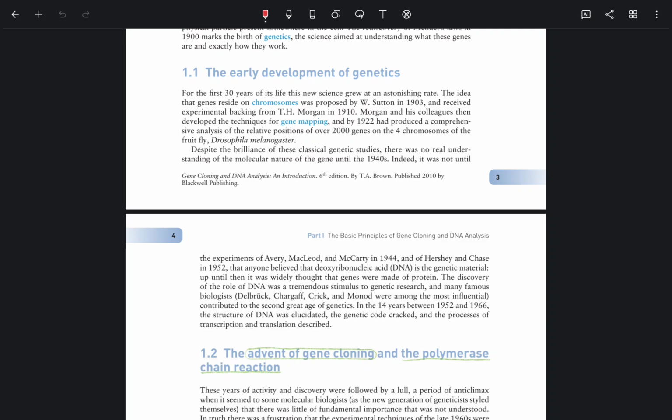Morgan and his colleagues then developed the technique for gene mapping, and by 1922 had produced a comprehensive analysis of the relative positions of over 2000 genes on the 4 chromosomes of the fruit fly Drosophila.